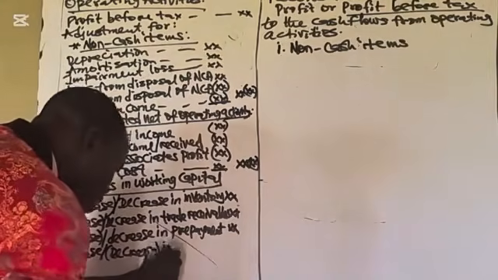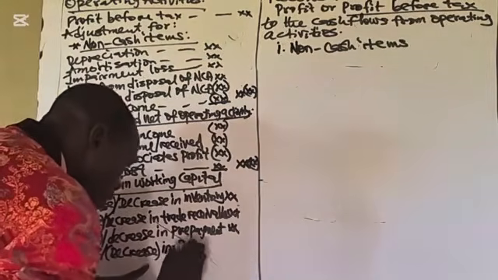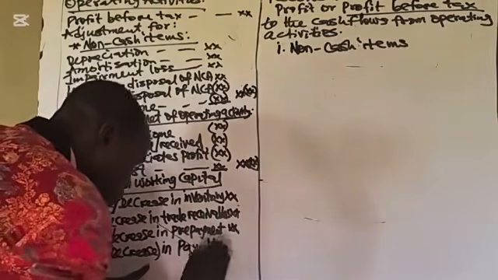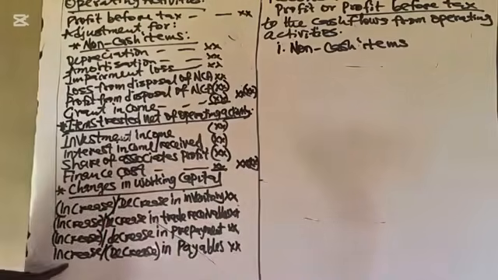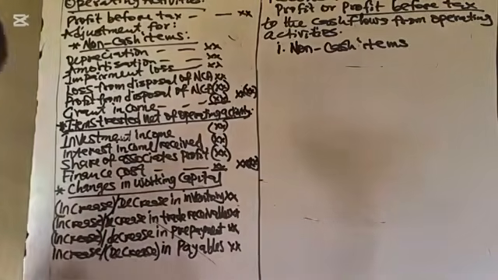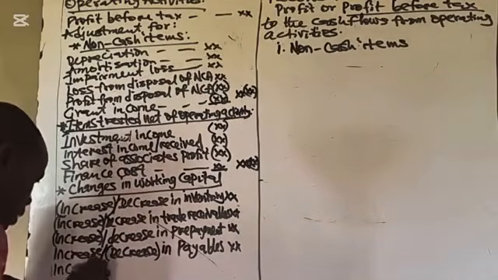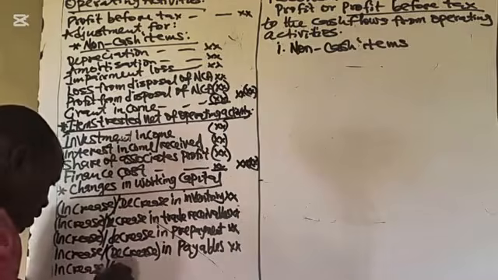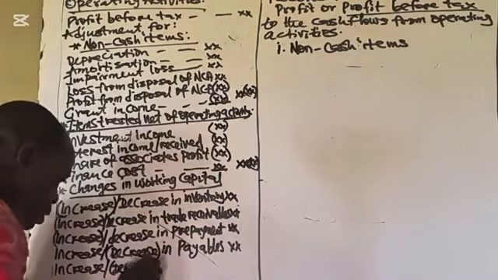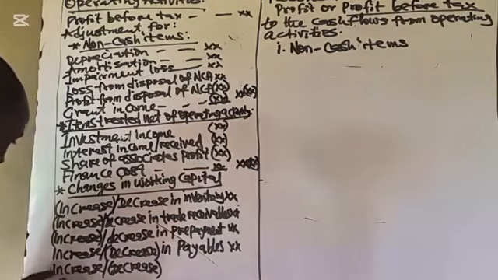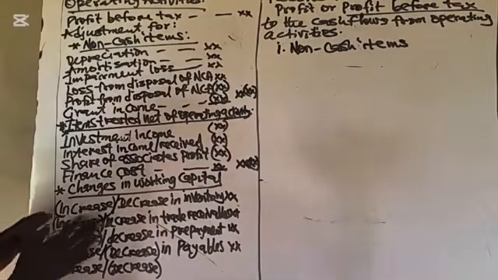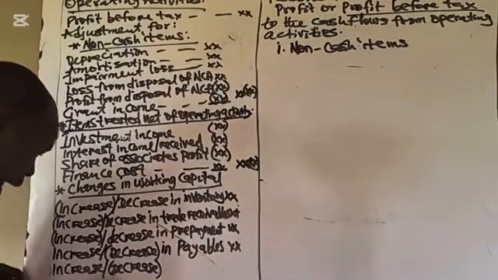In trade payables, you add the increase, you subtract the decrease. Those things I put in bracket, that means you are subtracting those ones. Those ones I didn't put bracket, that is add.